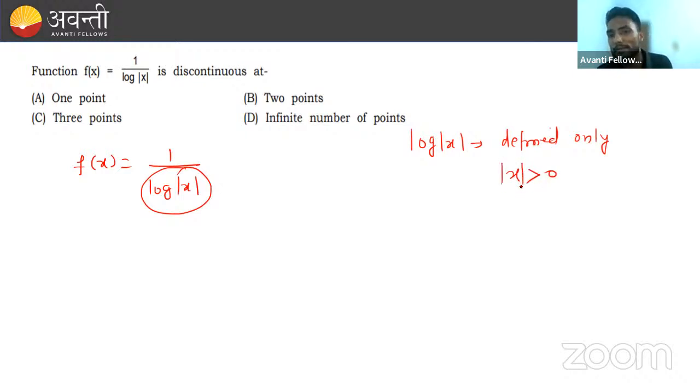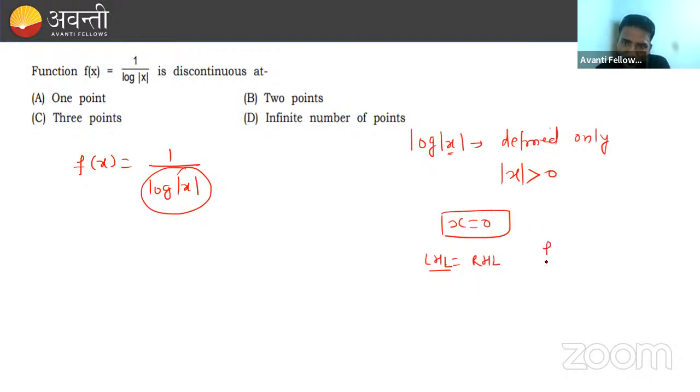But one thing we can say is that mod x is always greater than 0, because it is a mod value. But there is a point x equals 0. Why am I taking x equals 0? Because if you take LHL, no problem. If you are taking RHL, there is no problem.